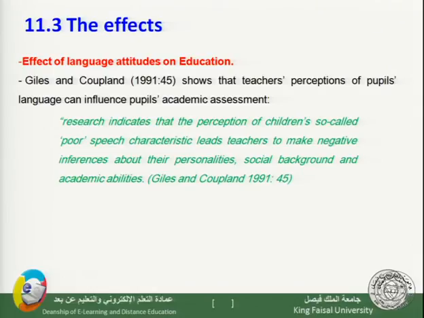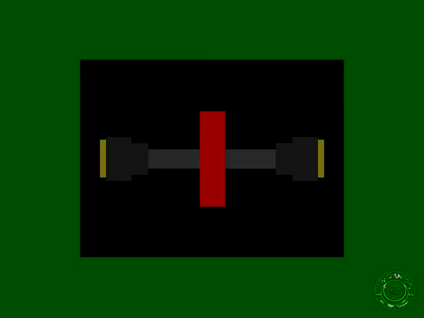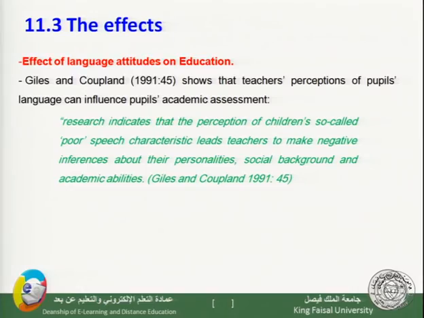And look how it is the accent that the pupil speaks that would give the teacher justification to interfere in this student's personality, social background, and even academic ability. So if he is from New York, the teacher would deal with him in a different way from a student who is from London, for example.